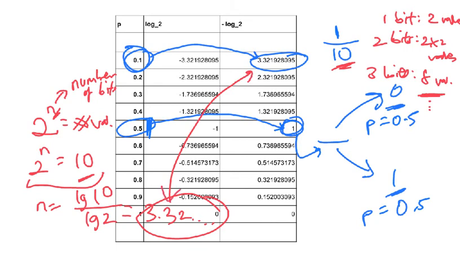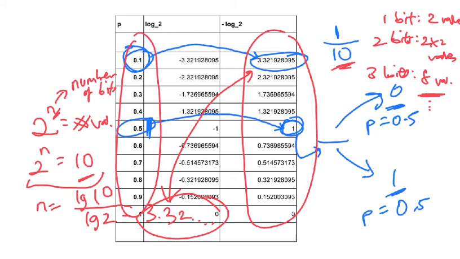Well, we're on to something here. These values, I suspect them to be related to the number of bits that you will need to store strings with the corresponding probability.